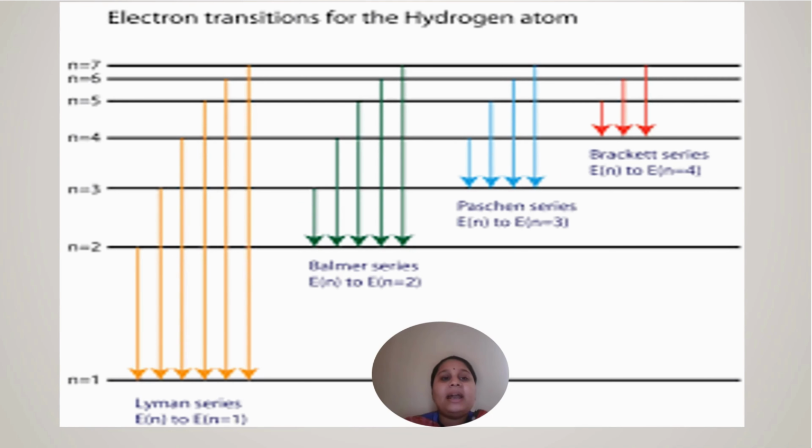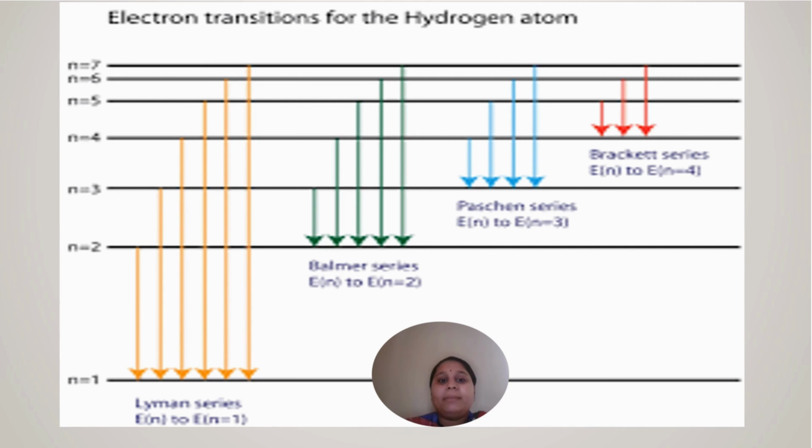These are the transitions or the spectral lines occurring in the hydrogen spectra: the Lyman series, Balmer, Paschen, Brackett, and Pfund. The ground state is taken as n1, that is n equals 1. We can see how many lines are possible up to n equals infinity.